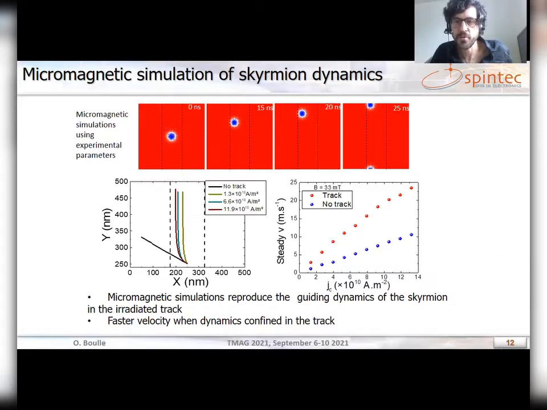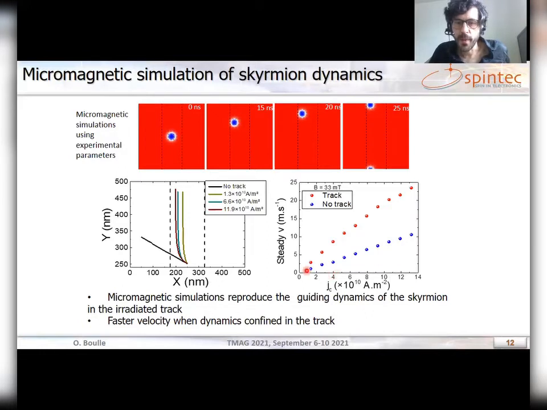After a few nanoseconds, the skyrmion encounters the track edge, and the energy barrier at the edge generates a force opposite to the gyrotropic force, suppressing the transverse motion, such that the skyrmion starts to slide along the edge without skyrmion Hall effect.